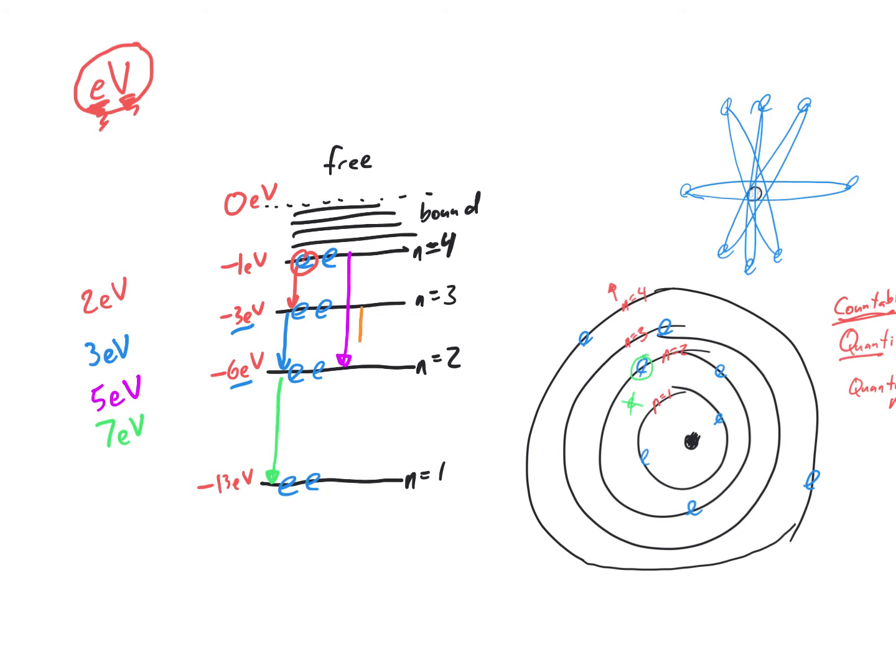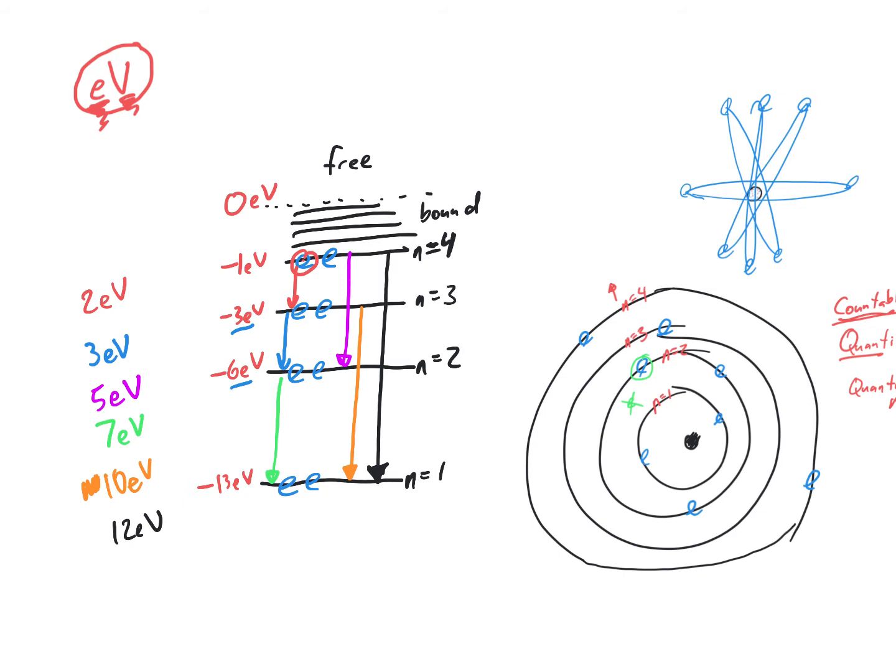A drop from 3 to 1. That'd be a drop from negative 3 eV to negative 13 eV. So that'd be negative 10 eV, except the energy of the light itself will be positive. And lastly, we have our big drop from 4 down to 1. From 4 down to 1, that would be a 12 electron volt drop.